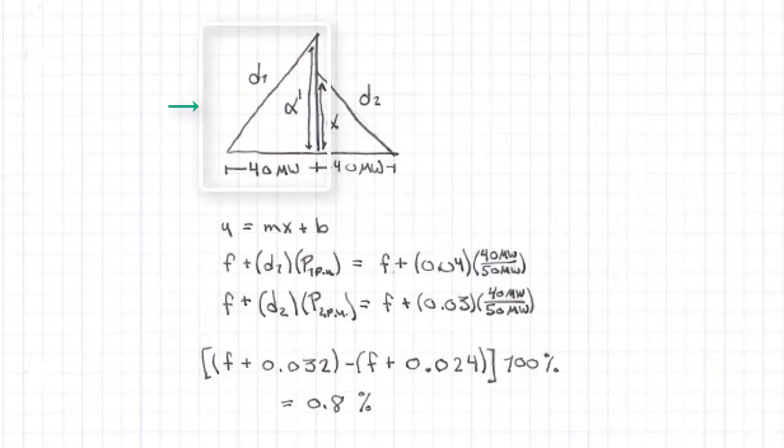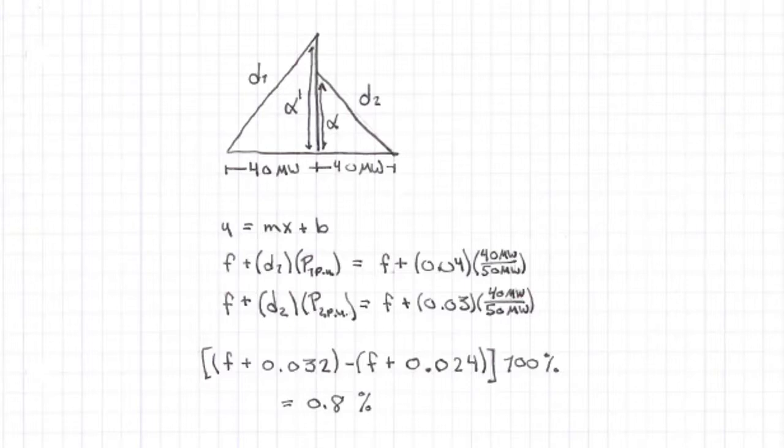So we'll have D1, alpha 1, and 40 megawatts for our first triangle, and D2, alpha 2, and 40 megawatts for our second. These two triangles can be placed together with alphas pointing towards each other as last time, but they are no longer the same size. To solve this, we'll use a little bit of algebra.